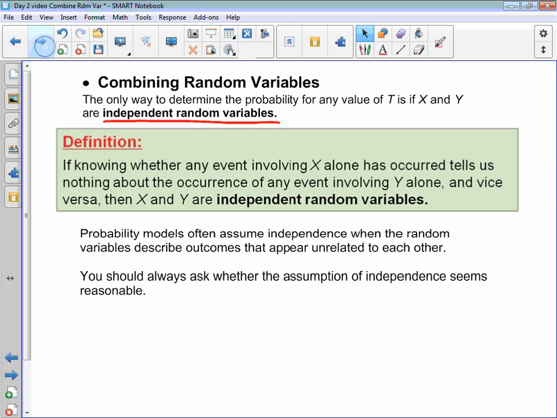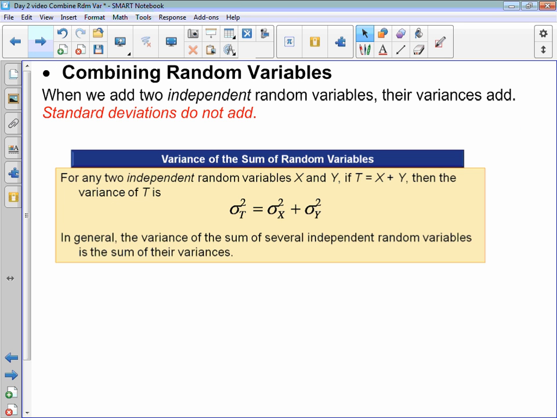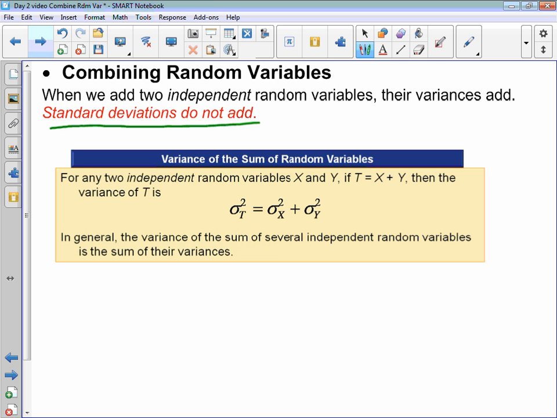All right. Here is the tricky part about combining random variables. We do not add standard deviations. It's a whole mathematical thing, and we can get into the proof and play around with it a little bit in class, but the bottom line is we do not add standard deviations. Instead, we add the variances.